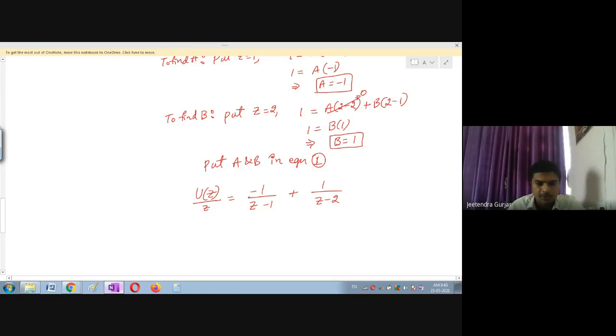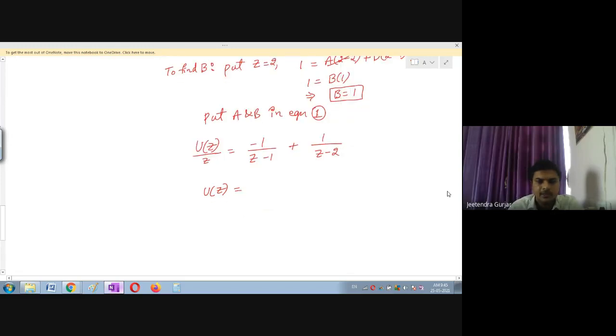Okay, so now you can just simplify this. So I will write now U of Z is equal to, now I'm going to put the inverse Z transform formula. I want here U of Z, so U of Z is equal to minus Z upon Z minus 1.